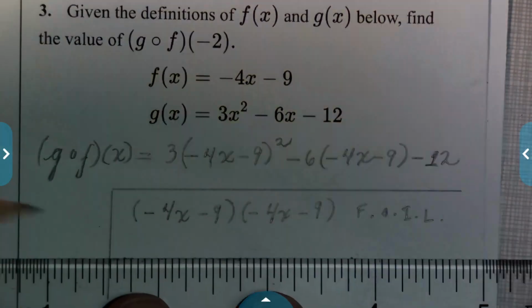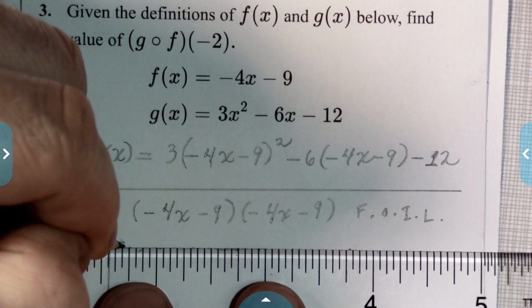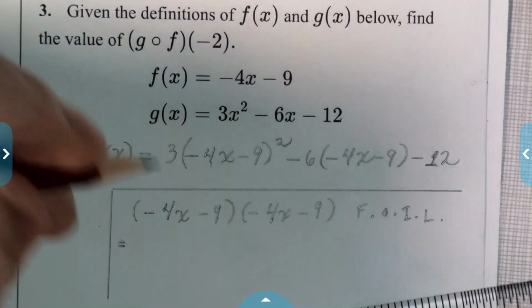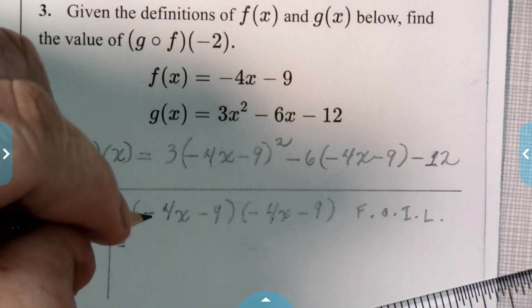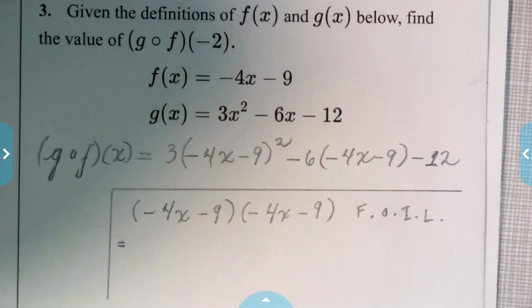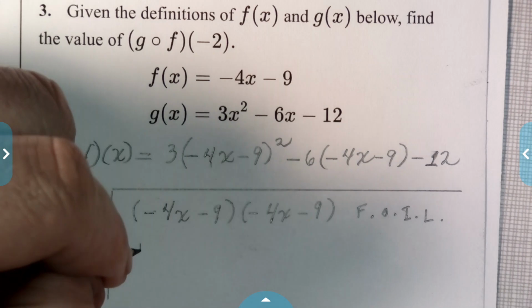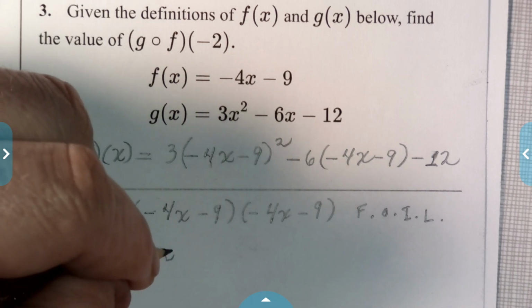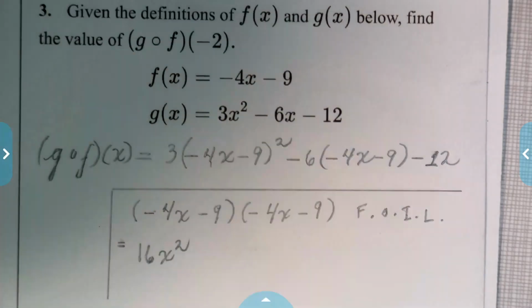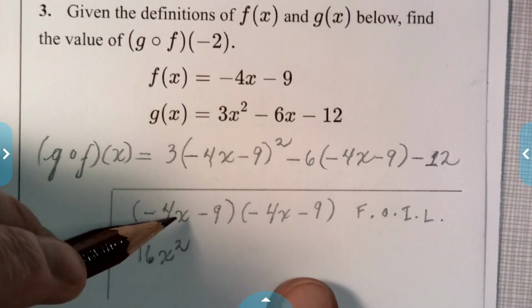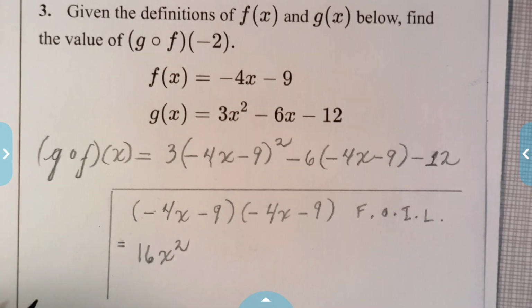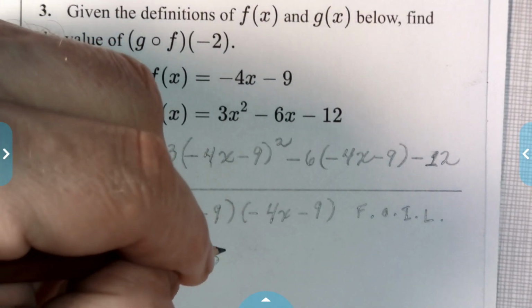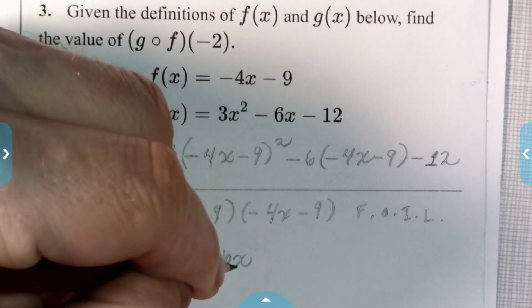Well, first times first. So what is that? That's negative 4x times negative 4x. Okay, so let's take the numbers first. Negative 4 times negative 4 is positive 16. X times x is x squared. Okay. Outer, negative 4x times negative 9, positive 36x. Okay.